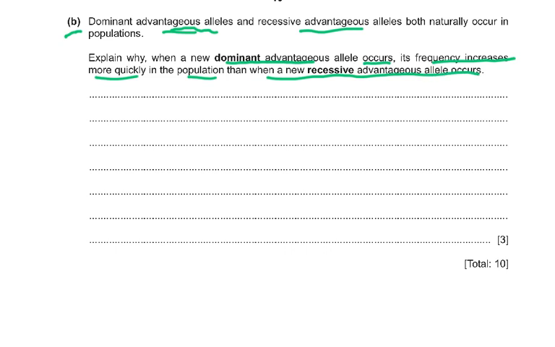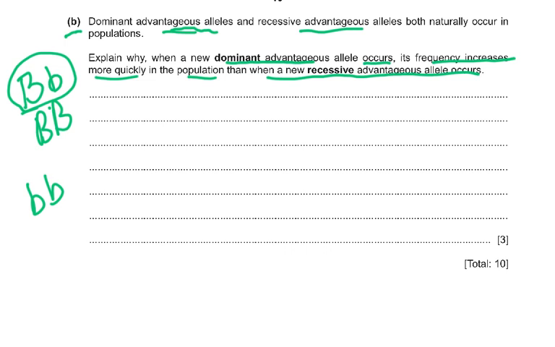So the new allele is initially found in heterozygotes. Then the dominant advantageous allele is expressed in this situation as well as in this situation. Selection can act on individuals with the dominant allele straight away, while the recessive advantageous allele is not expressed in the heterozygote.